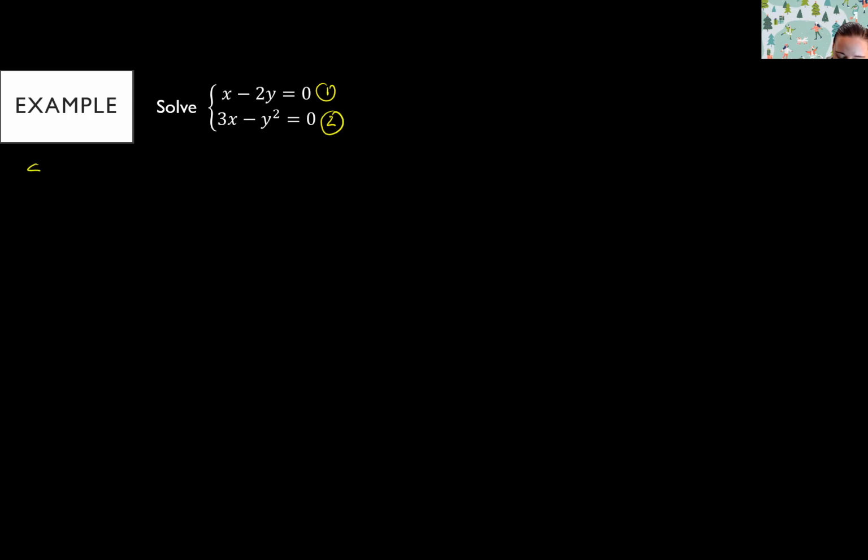So I'm going to solve equation 1 for x. So I have x minus 2y equals 0, and this gives me x equals 2y. Easy enough.